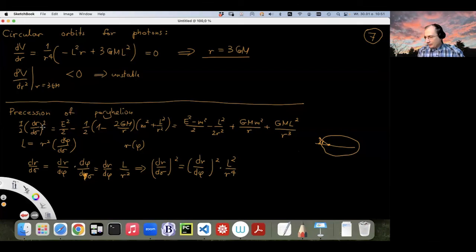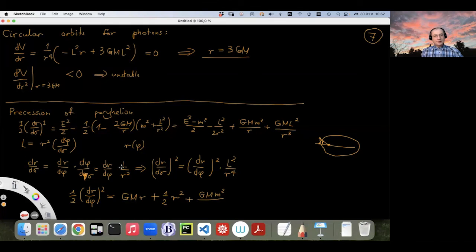We plug it into this equation here, and after some reshuffling of terms, we obtain the following equation for dr/dφ.